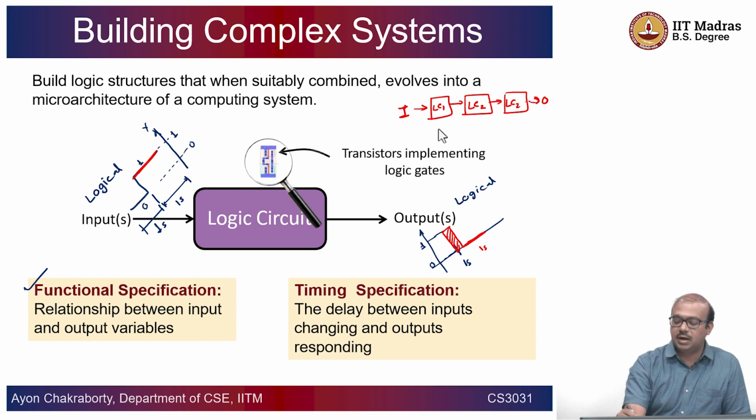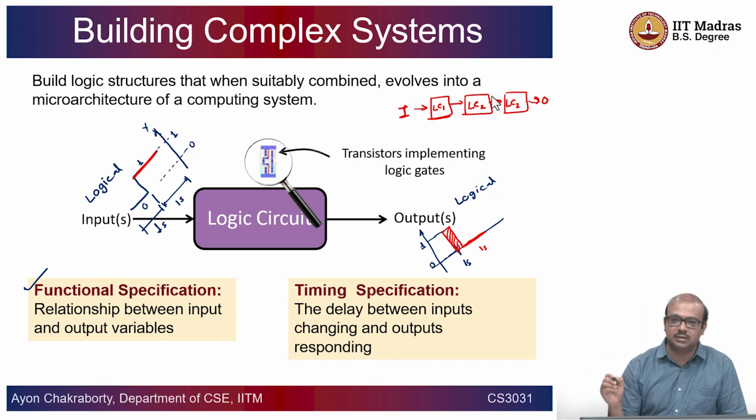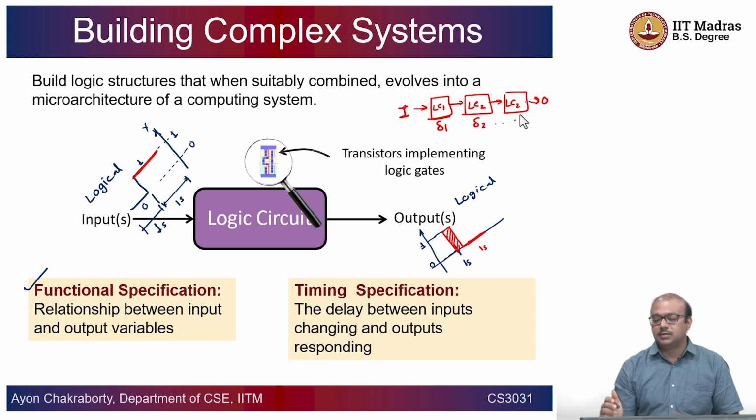So what we are trying to say, each one of these logical circuits is going to have an input to output functional specification or a mapping, that for what input what is the output, and then for every such logical circuit, it is going to have some kind of a timing specification or delay, like delta 1, delta 2, and so on, right? So the outputs are going to be expected after some finite amount of time, not instantaneously, right?